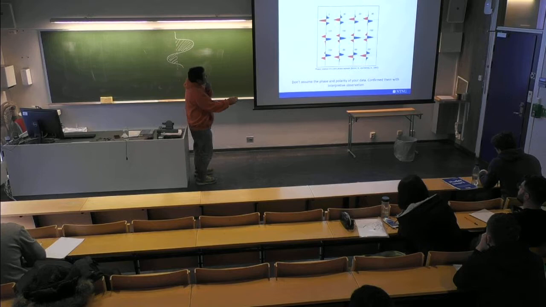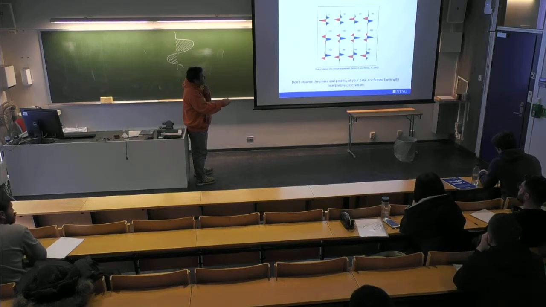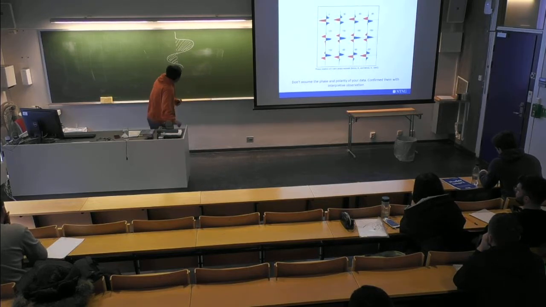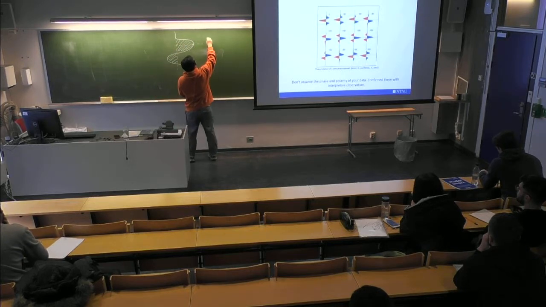Because remember, this interface represents your rock boundary, right? So if it is zero phase, it means that if you have a lithological column like this, this is this boundary.